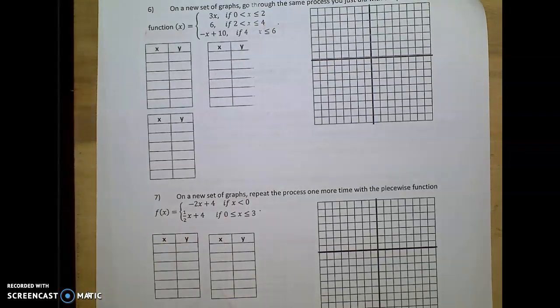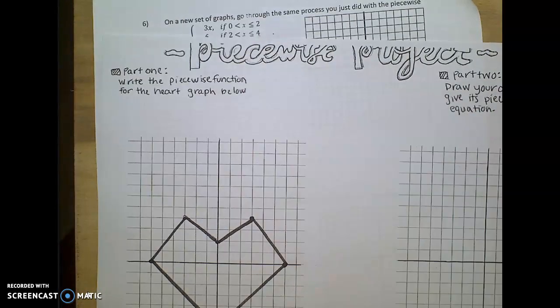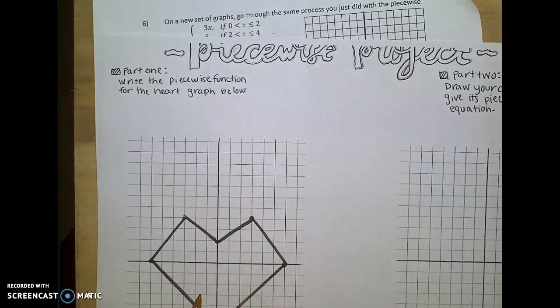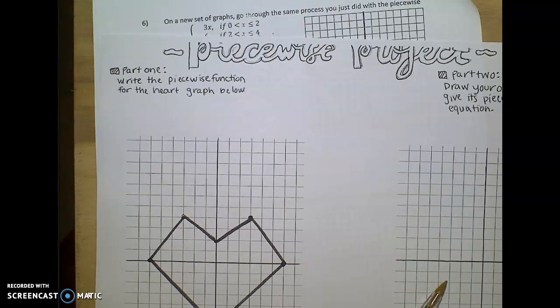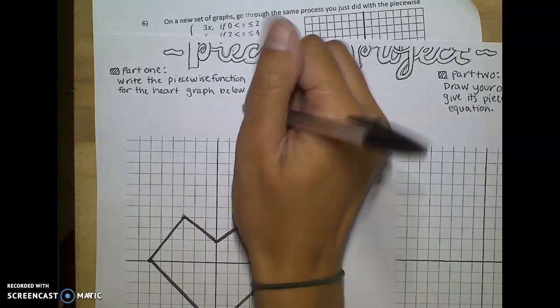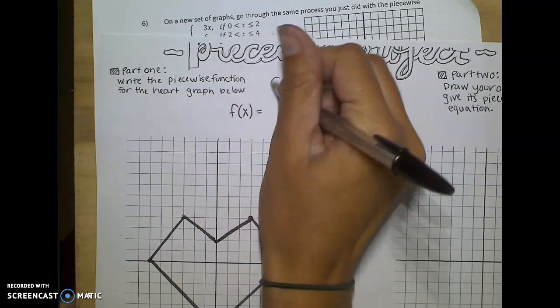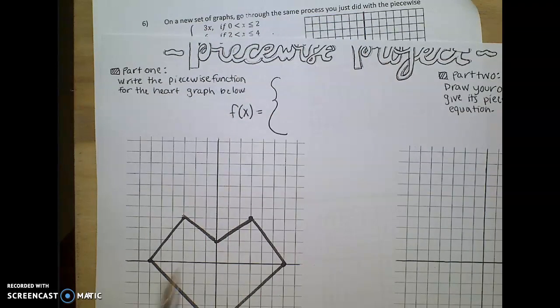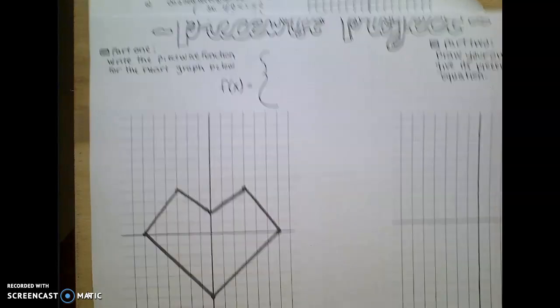One other little hint with this too: you guys have this Piecewise project that got cut off a little bit at the top, where in part 1 you're going to write the function for this, and then for part 2 you're going to draw your own picture and give its equation. I would write the function by doing f of x equals, and we're going to have a lot of pieces. I could even count the pieces, because it's each line.